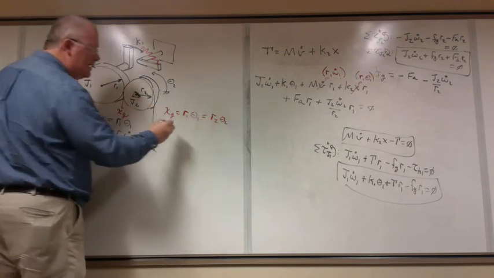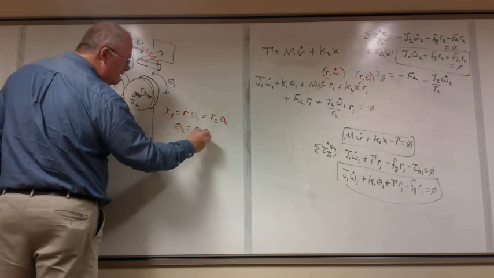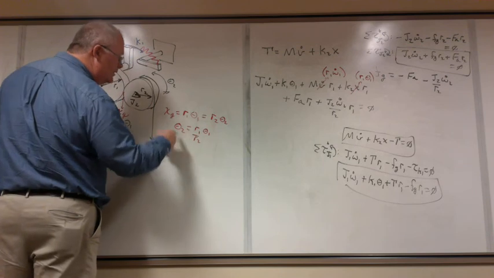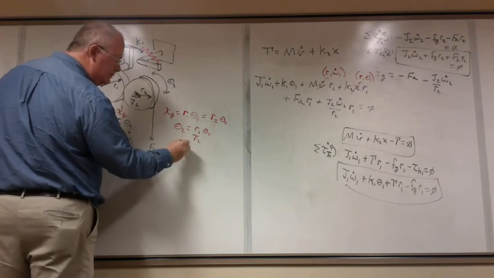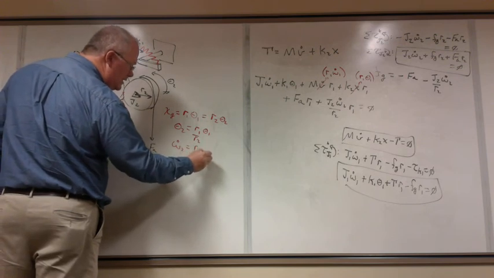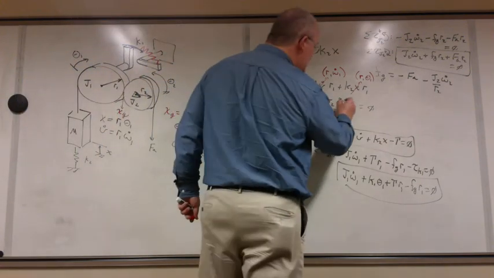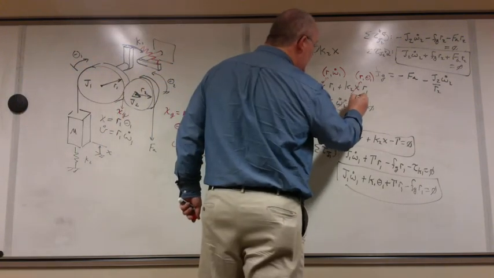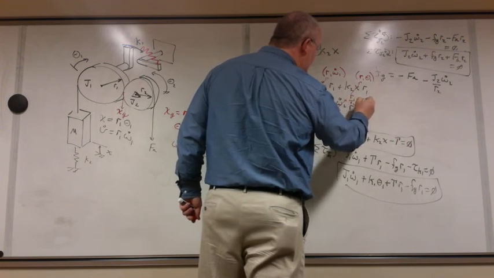So because of that, I have that theta 2 is equal to r1 theta 1 over r2, which tells me that omega 2 dot, being the second derivative of theta 2, is equal to r1 over r2 omega 1 dot. So now I go over here, and in place of my omega 2 dot, I'm going to put in an r1 over r2 omega 1 dot.